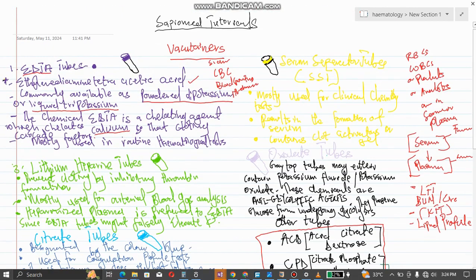We can also have tests like thyroid function test. We can have hormonal tests like LH, FSH, etc. So for chemistry tests.